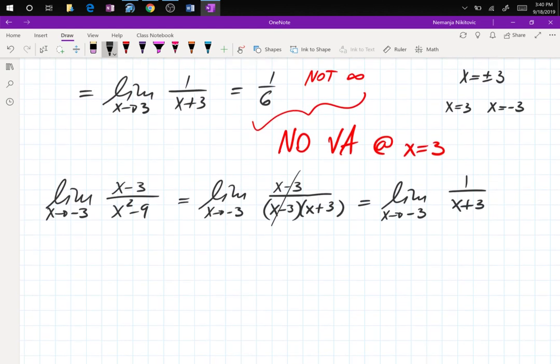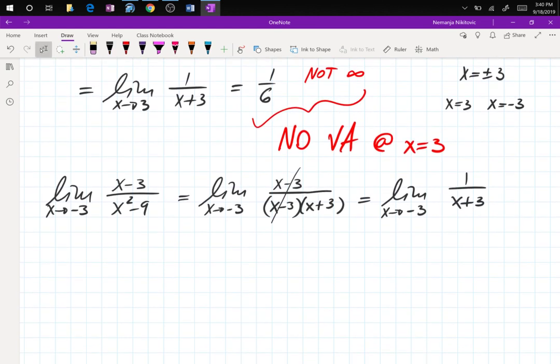Now this is one of those situations we just had. There's no more algebra to be done. We still have 0 in the denominator, so we have to call the graph to help us out here, because we can't plug in, we get 0 in the denominator, and we can't perform any additional algebra. So we're stuck, and because we're stuck, we immediately call the graph.